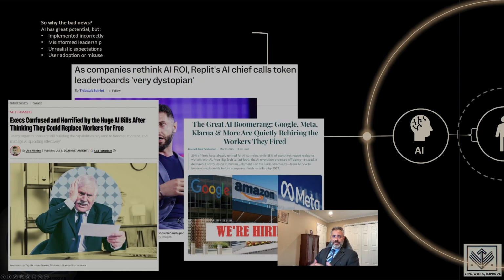So why the bad news? Obviously, the technology has the potential. The technology is good. It does produce results. However, if you implement it incorrectly, or if the leadership is misinformed about what it can and cannot do, or sometimes companies have unrealistic expectations of what it's supposed to do because the potential is so great, but the implementation of it needs to be done properly.